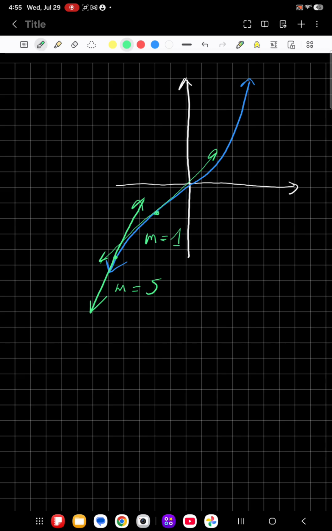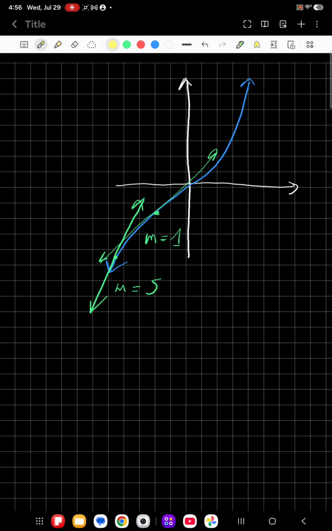At this part of the curve, you see that the concavity is down. It's not particularly well drawn, maybe this would be better. You would see the concavity is down, and the slopes are decreasing.